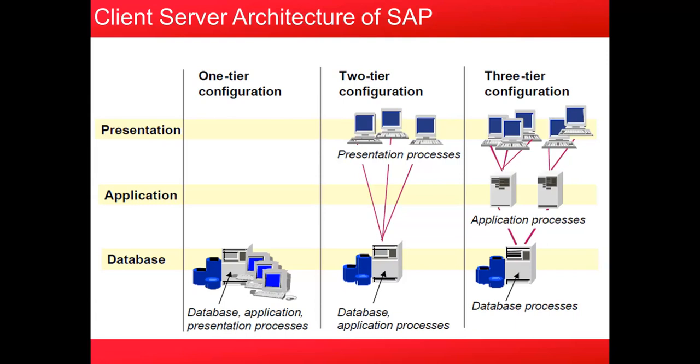Okay, in this architecture, you can see there is a database layer, there is an application layer, and there is a presentation layer. Between the database and the application server, there is communication taking place through a high-speed LAN, which needs to be highly available for the solution to be fully available.